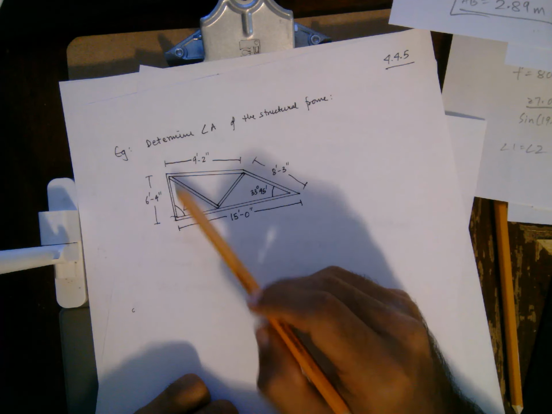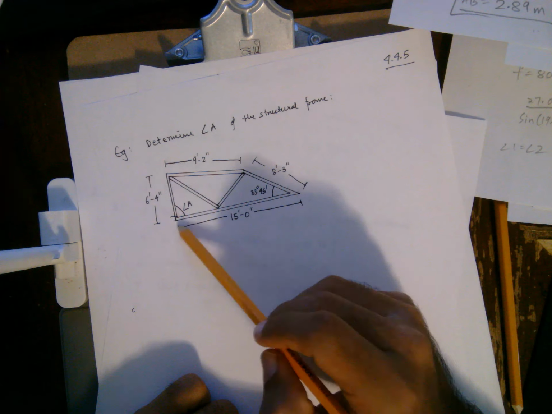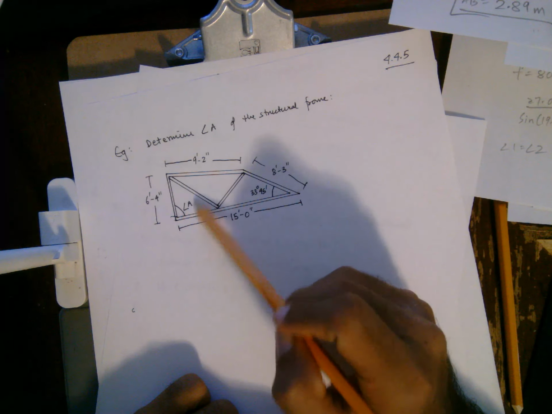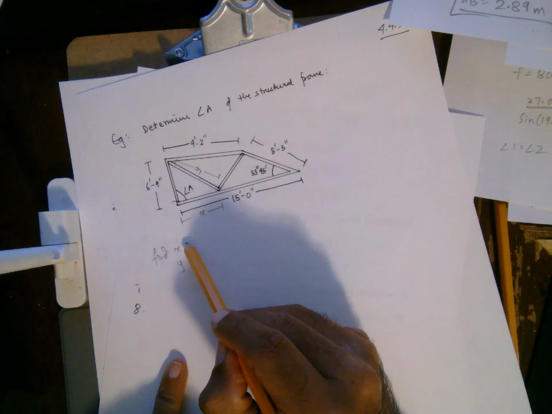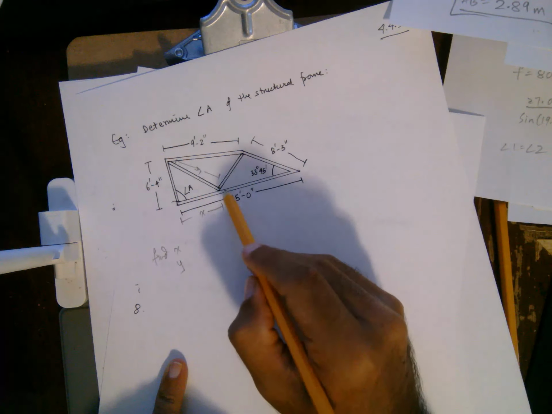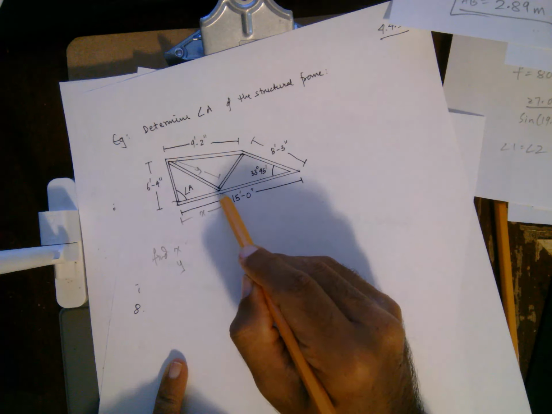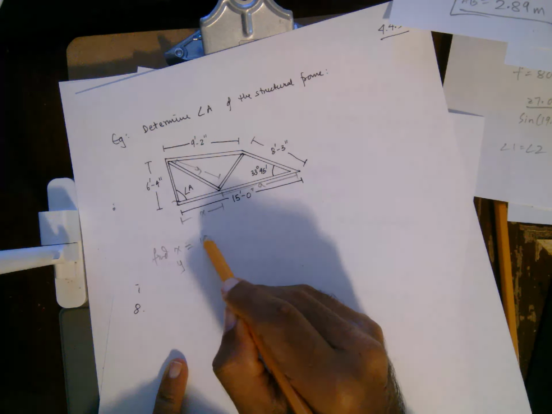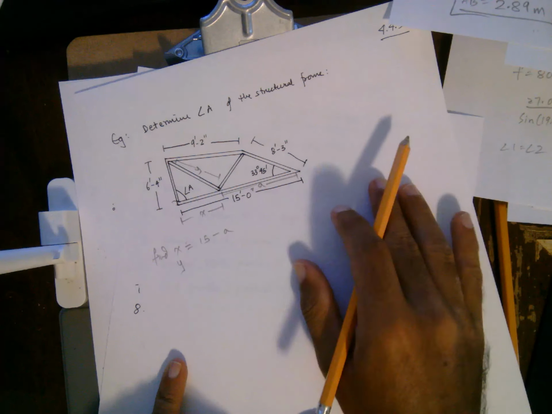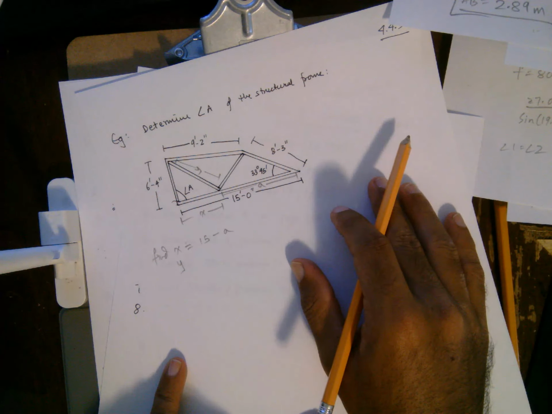Well, one way is somehow find the two remaining sides, right? So let's label this X and let's label this Y. So let's try to see how to find X and Y. X is fairly simple, right? I think so. Let's see. If I call this A, then X is just 15 feet minus A. Okay.